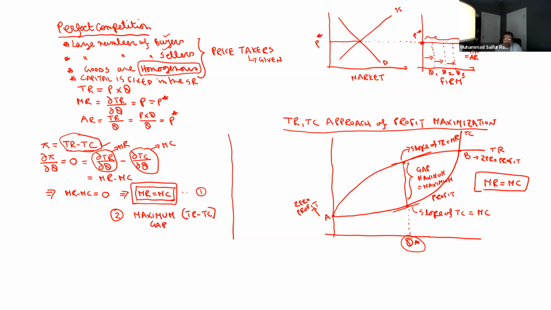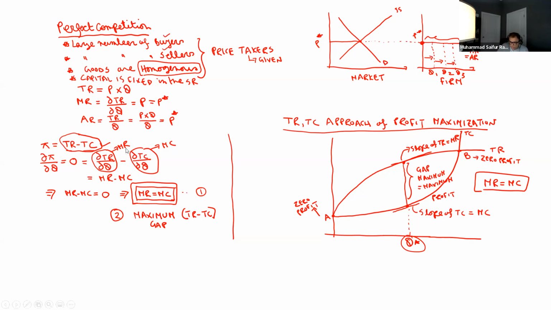There is a theoretical reason to fix capital in the short run, because it will help us to talk about something called shutdown. It is also more realistic, because when a firm expands its production plant, which is literally equivalent to buying more capital, that can only happen in the long run.